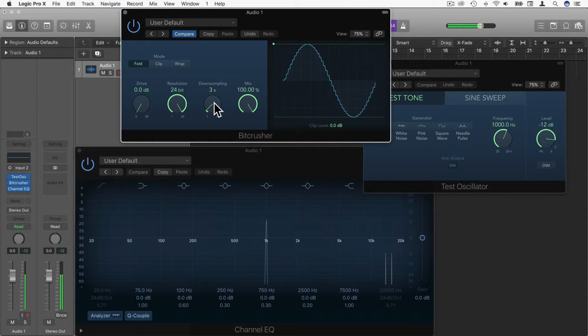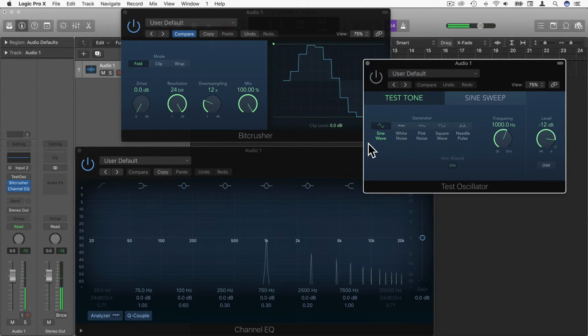Okay, so when I go to 3 times downsampling, these two harmonics appear at the top of the frequency spectrum here. And as I turn down the sample rate even further, those harmonics start to become more audible. Until you get such a result.